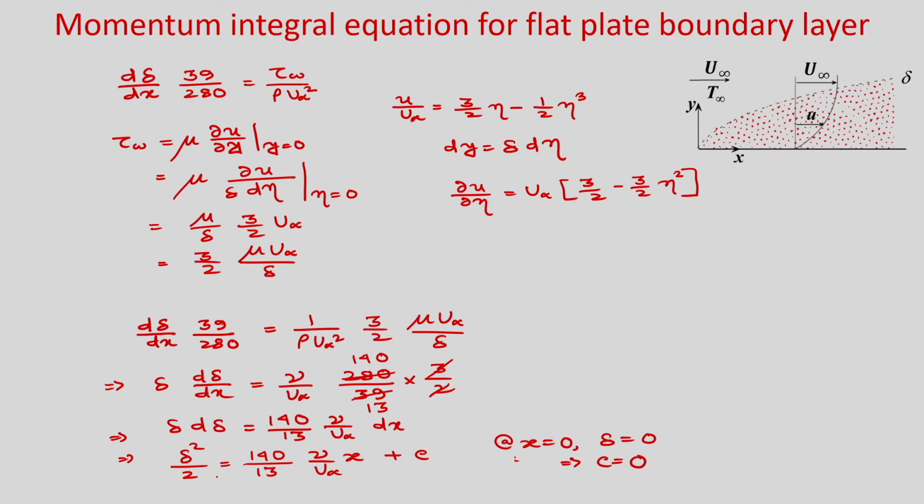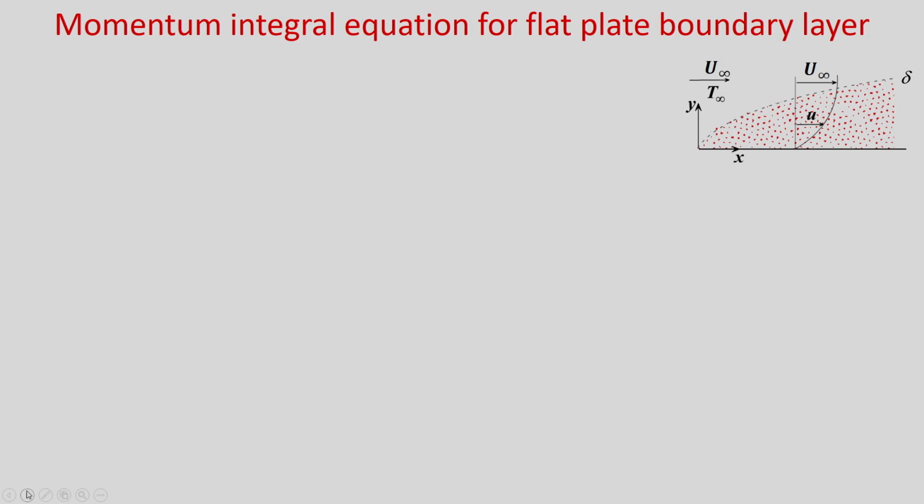So, if c is 0, you can write delta square by 2 is equal to 140 by 13 nu by u infinity into x.